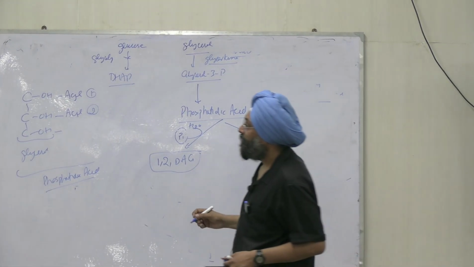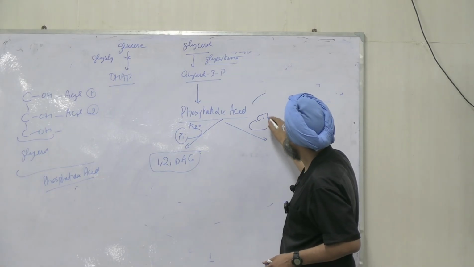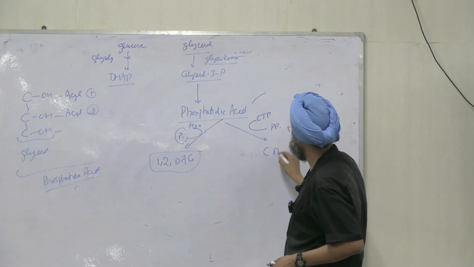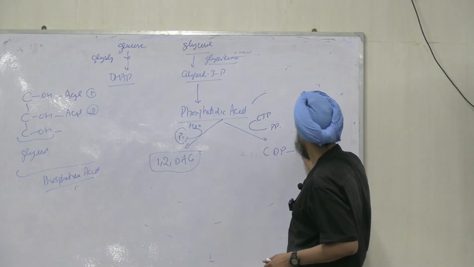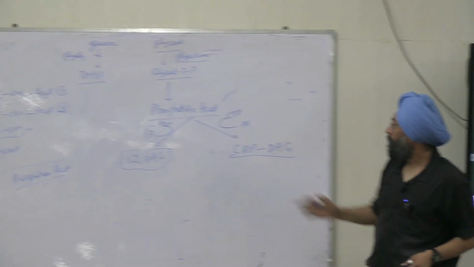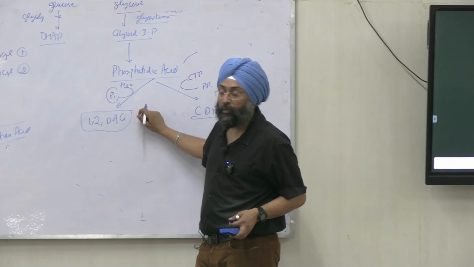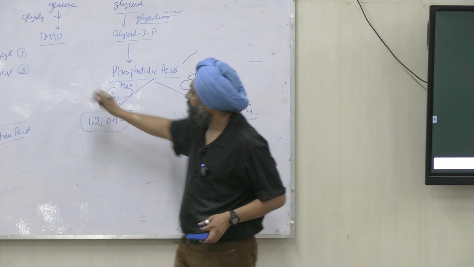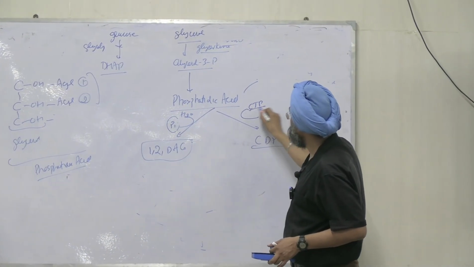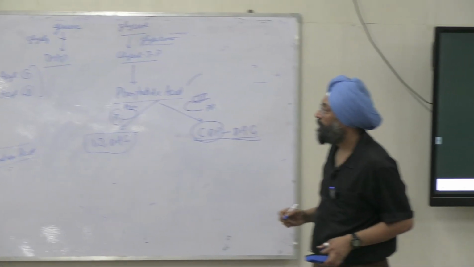Then in another reaction we add CTP and phosphate is released, and we'll get CDP diacylglycerol. The difference between the two reactions: in one only phosphate is removed and we get 1,2-diacylglycerol, and in the other we have attached CDP, so we get CDP diacylglycerol, right?